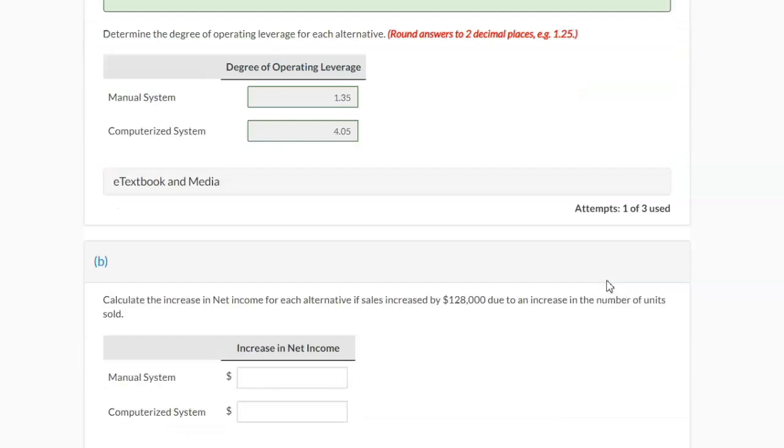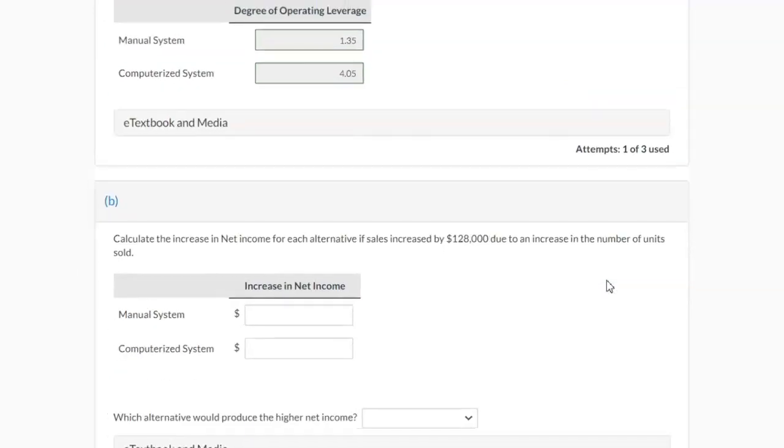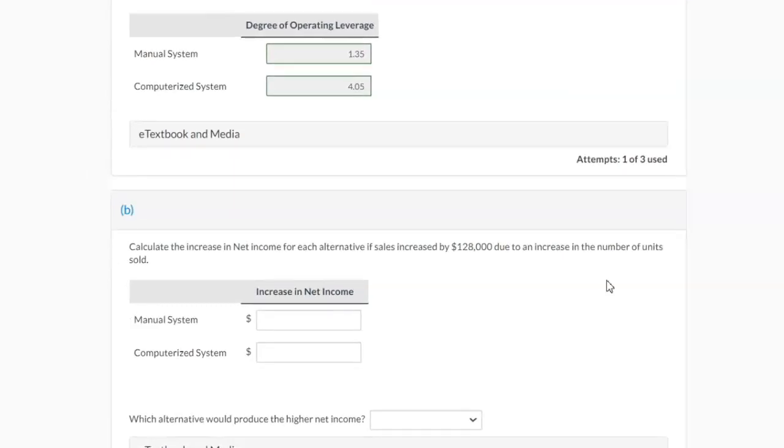Okay, go down. Now, what effect does it have on net income? Calculate the increase in net income for each alternative if sales increase by 128,000 due to an increase in the number of units.